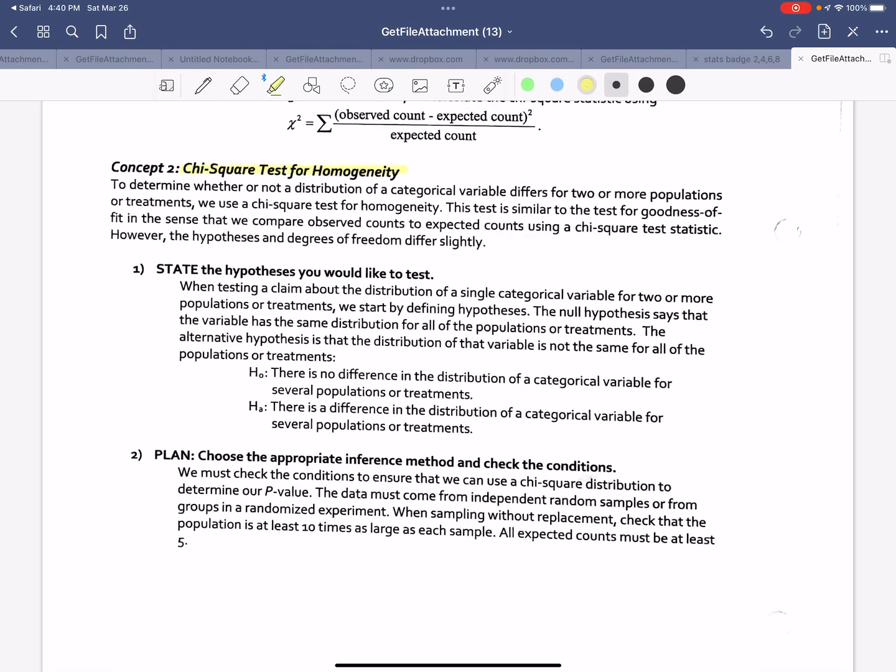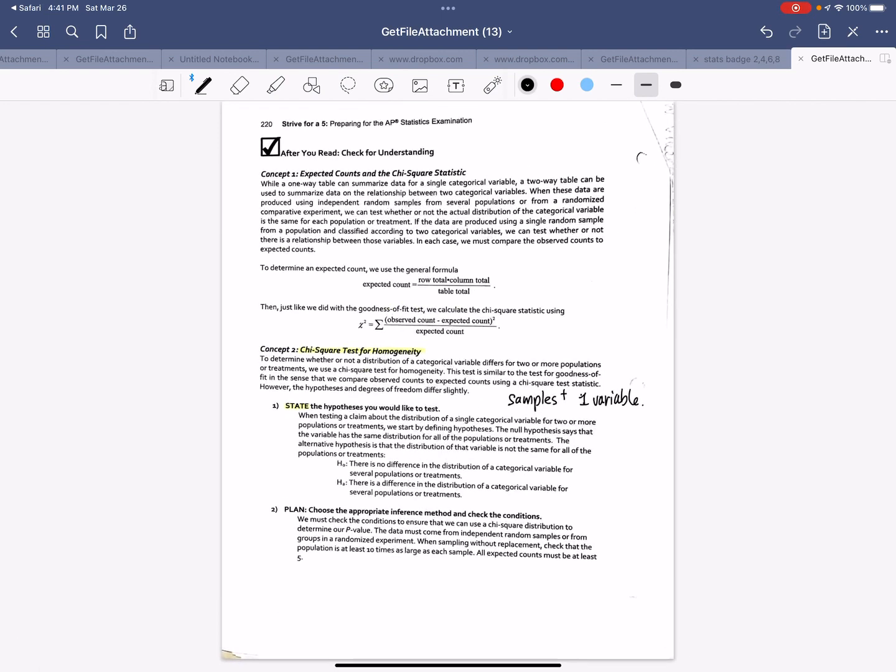What is a chi-squared test for homogeneity? Well, as we set in our notes, it's when you have multiple samples and one variable. All right, so what does that mean?